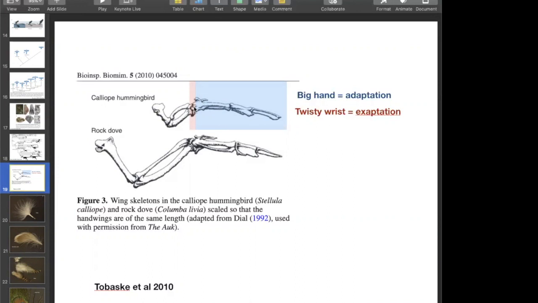But the anatomy that allows them to take advantage of that flexibility did not arise in the context of flight. This is why we call it an exaptation, because the evolutionary pressures took a left turn. This wrist bone was handy for doing something with the hands on large theropod dinosaurs, and later it was co-opted into service for flight and even hovering flight in hummingbirds.